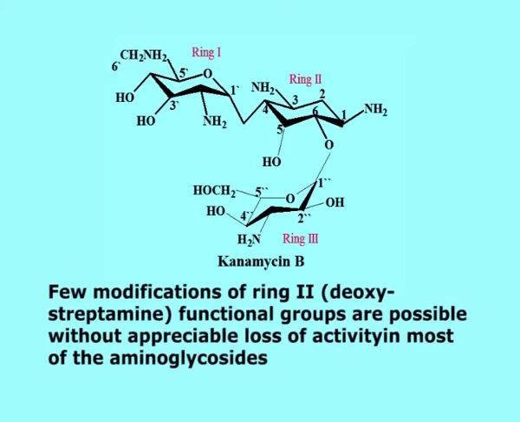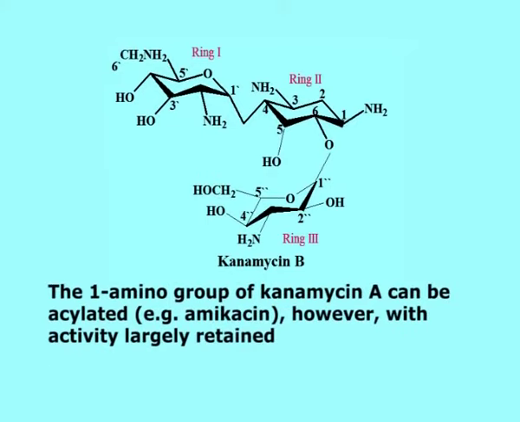Few modifications of ring 2, that is deoxystreptamine, functional groups are possible without appreciable loss of activity in most of the aminoglycosides. The 1-amino group of kanamycin A can be acylated, for example amikacin, with activity largely retained.